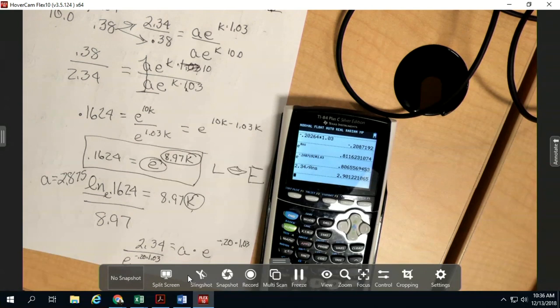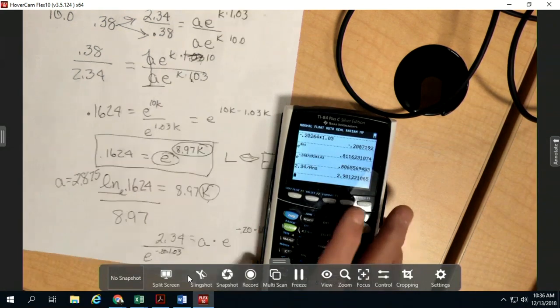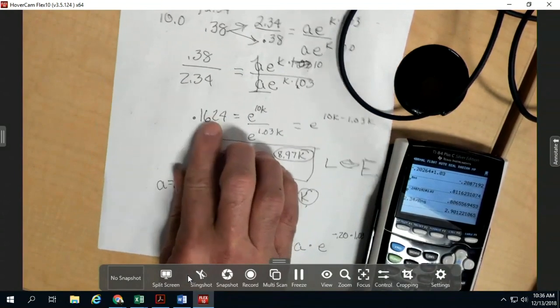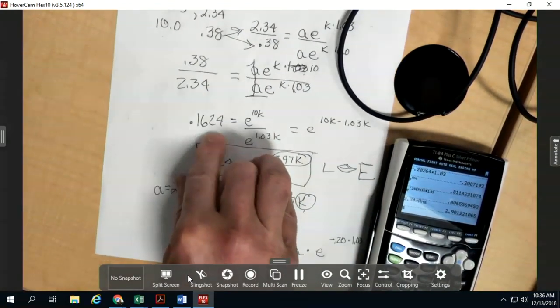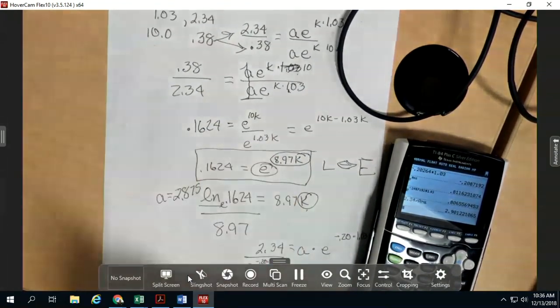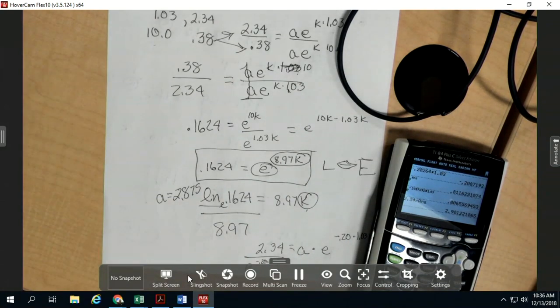Yeah, it's a rounding problem. We just rounded somewhere a decimal spot, because when I recalculated, I got 2.9. So I'm getting closer to the right answer. I must have rounded someplace up above too far. I'm guessing it was right here when I rounded 0.38 divided by 2.34, and I got 0.1624.